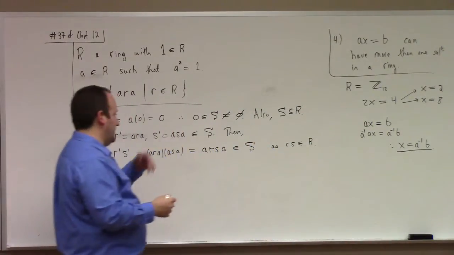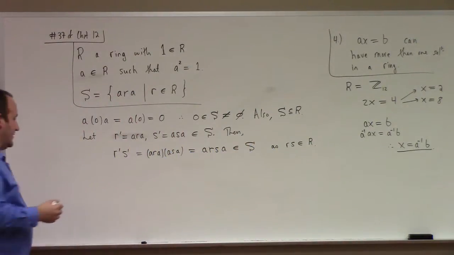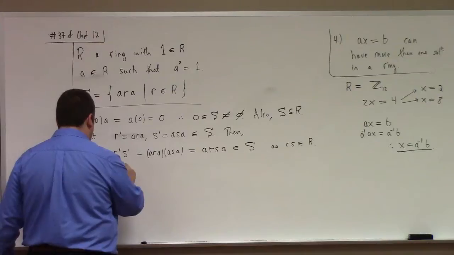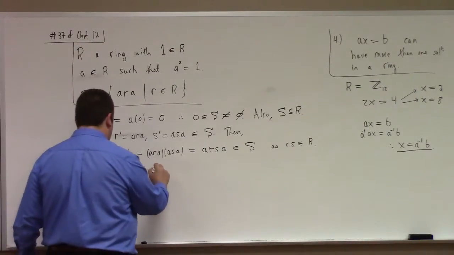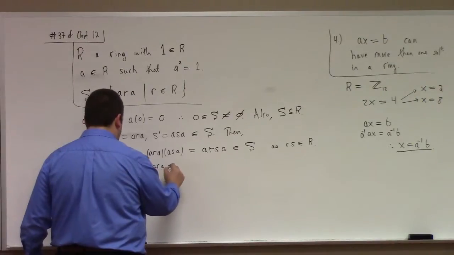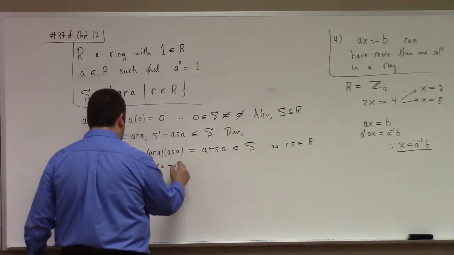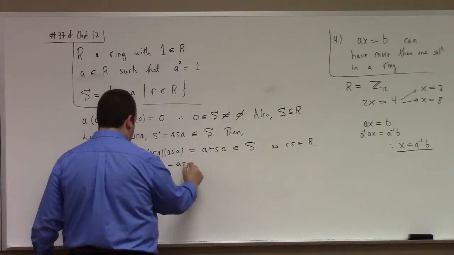So it fits the pattern to fit into the subring. Likewise, R prime minus S prime is ARA minus ASA, right?